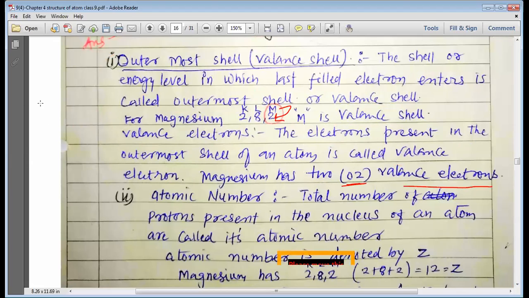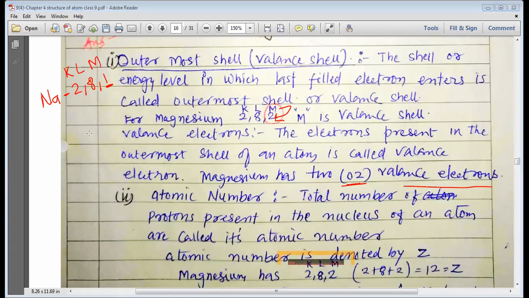Now if we look at some other examples, take sodium. The electronic configuration of sodium is 2, 8, 1. So we have K, L and M shells. The M shell is the valence shell, and it has 1 electron, and that is why sodium has 1 valence electron.